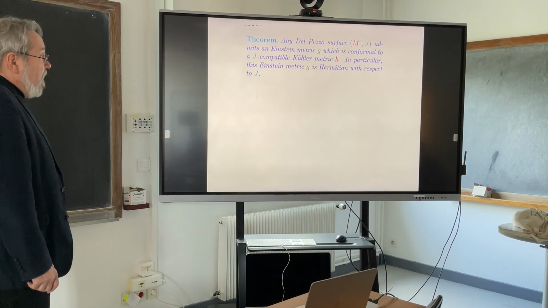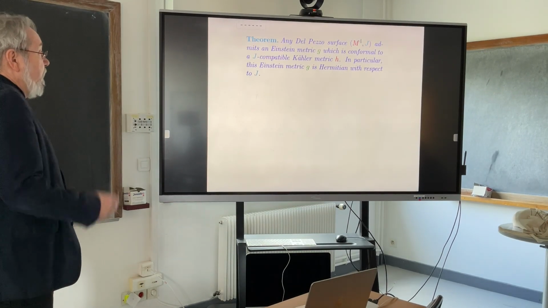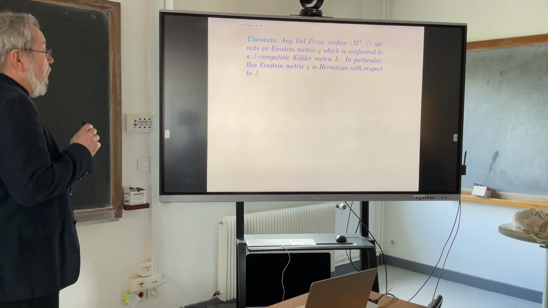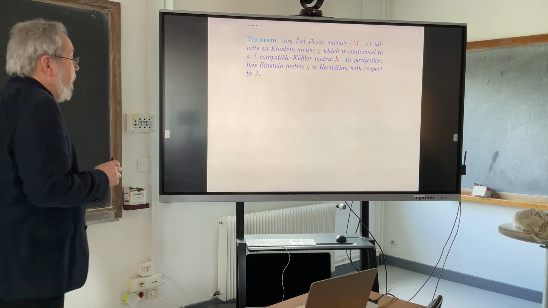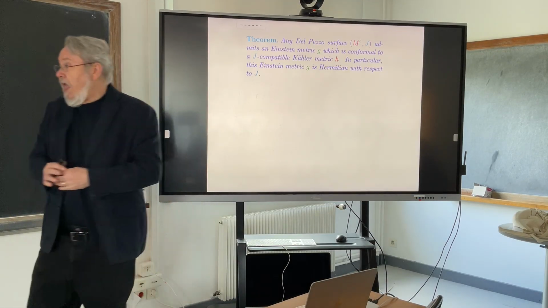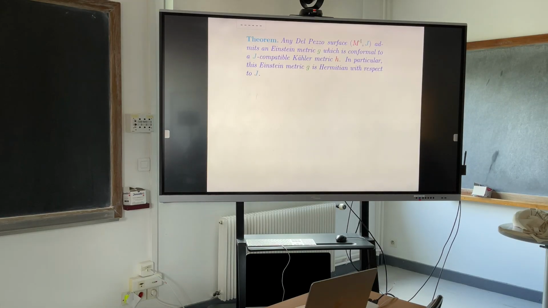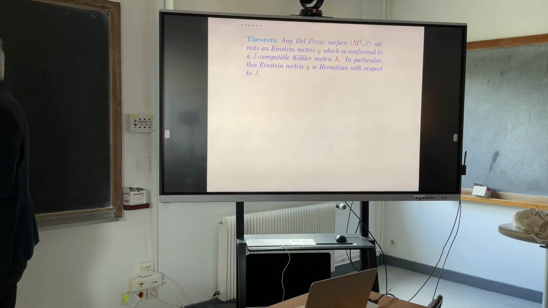So if you have an Einstein metric, notice in particular that if H is a Kähler metric, then it would follow that it's invariant under J. But that would then mean if you rescale it, this would also be true.